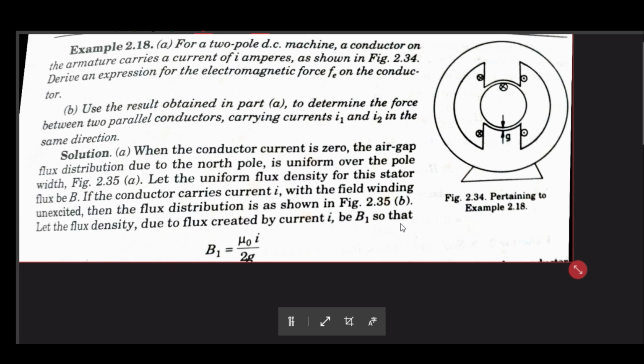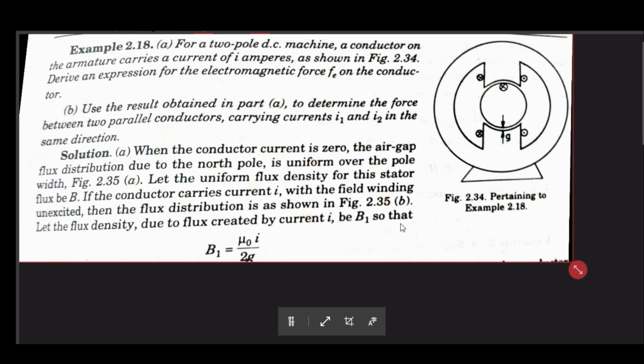Derive an expression for the electromagnetic force Fe on the conductor. Use the result obtained in part A to determine the force between parallel conductors carrying currents I1 and I2 in the same direction.